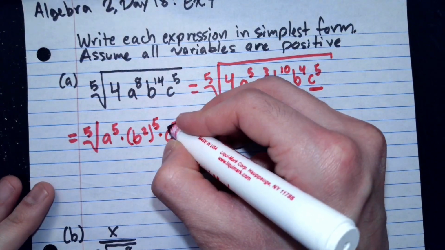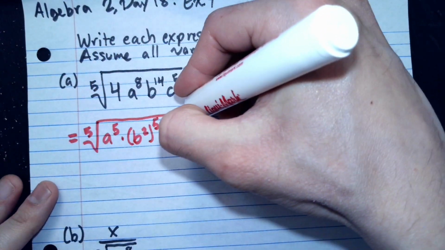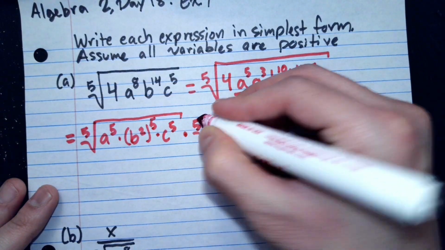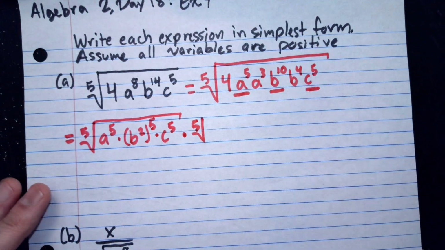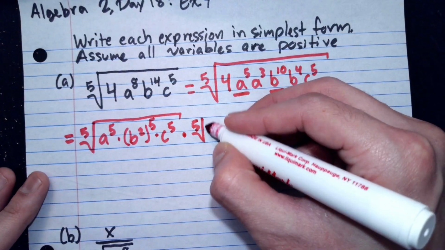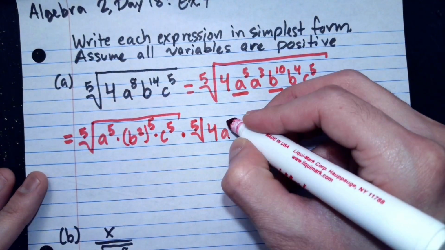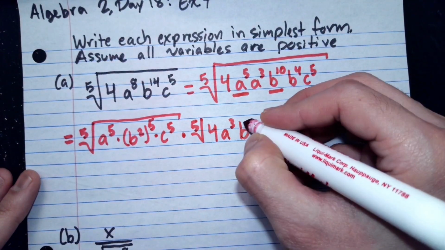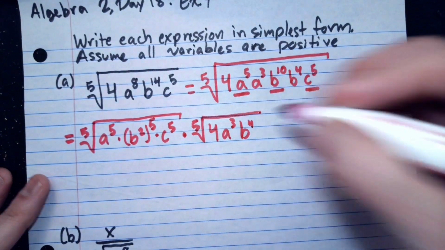And then c to the 5th. And so that's one part of my radical. The other part of my radical is whatever was left over, I write it in there. So it's that 4, it's that a cubed, and then it's that b to the 4th power. Like that.